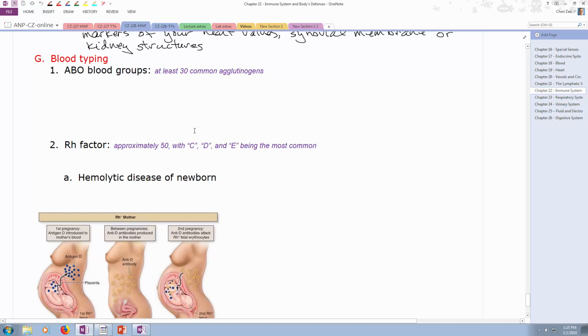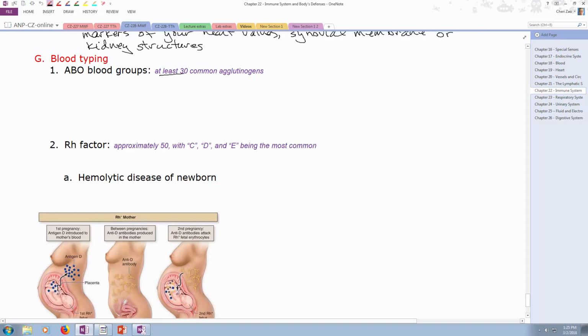So finally, we're getting to blood typing and ABO blood groups and Rh factor. ABO blood groups are basically dealing with surface markers on our red blood cells, or remember we call them agglutinogens, and there are more than just the ABO that we know.